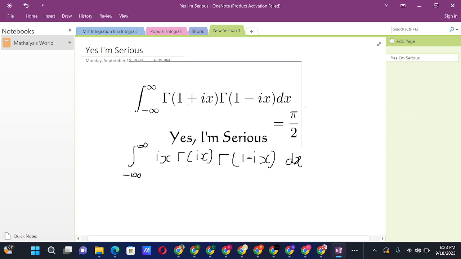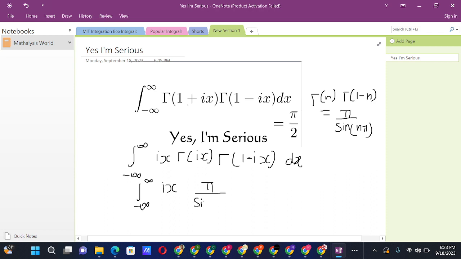Now we'll use the next property, that gamma of n times gamma of 1 minus n is pi by sine n pi. If we use that, we get the integral from negative infinity to infinity of ix times pi by sine of ix times pi dx.